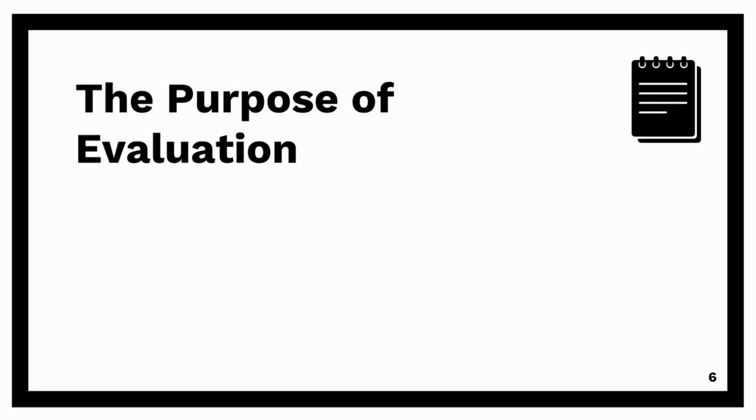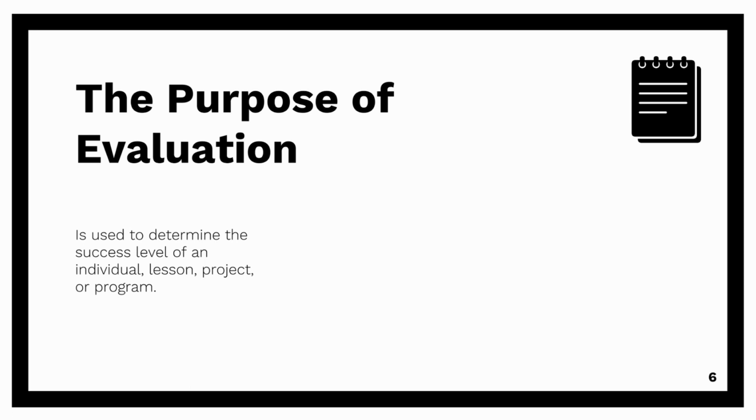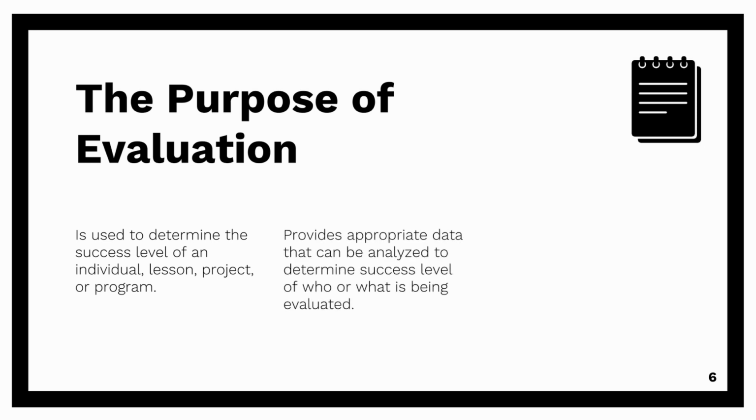The purpose of evaluation: it's used to determine the success level of an individual, lesson, project, or program. It provides appropriate data that can be analyzed to determine success level of who or what is being evaluated.